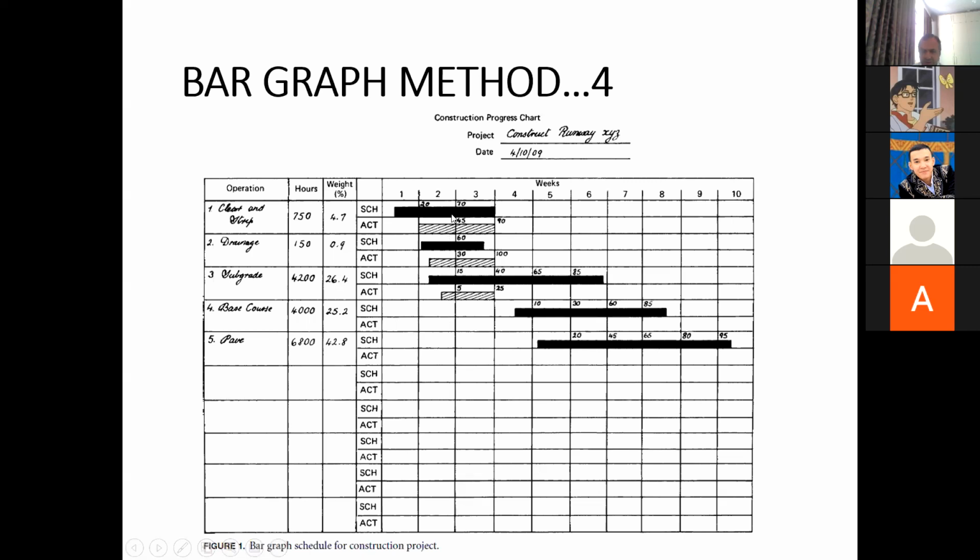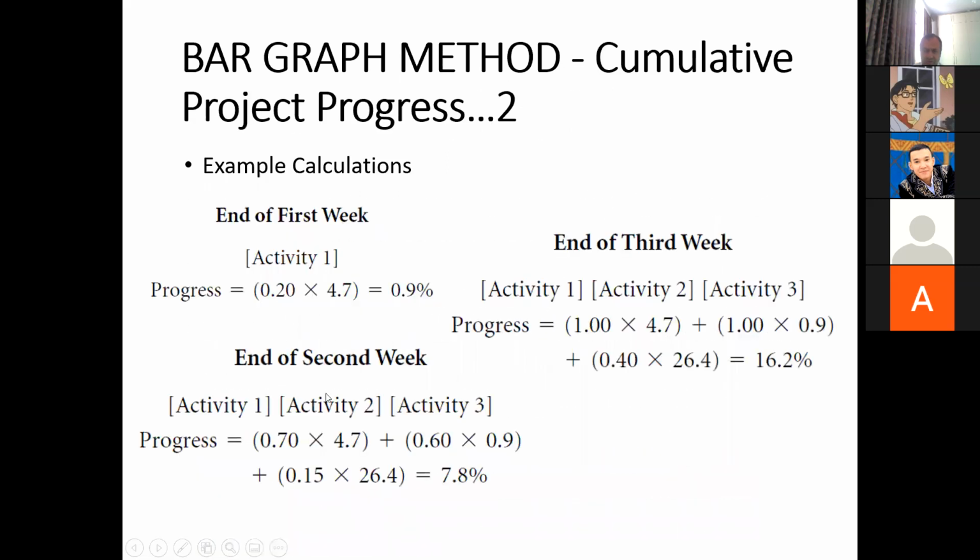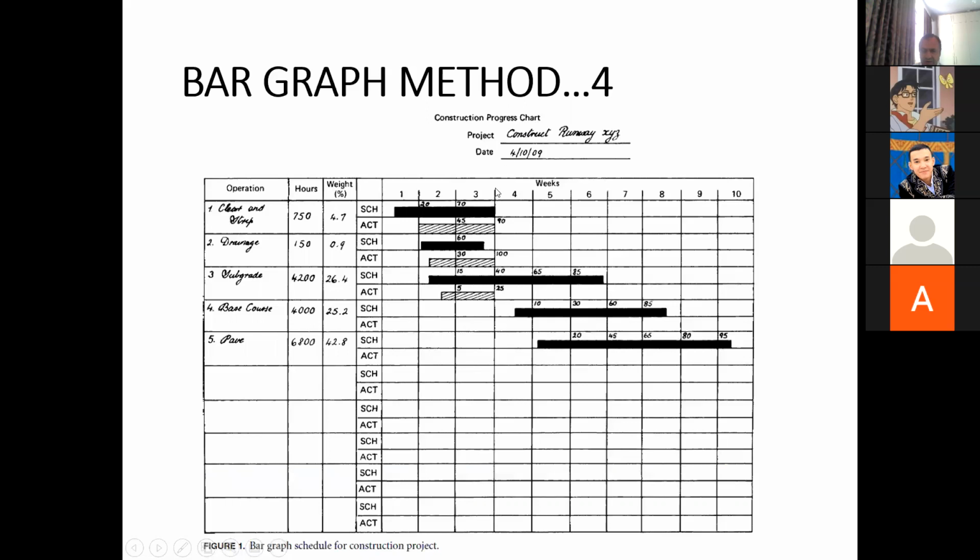For activity 1, it is 70%, so 0.7 multiplied by 4.7. For the second operation, drainage, it is supposed to be 60% complete, so 0.6 multiplied by 0.9.